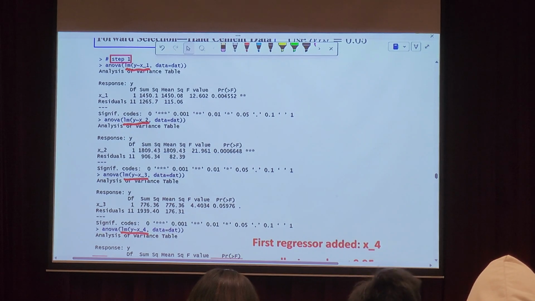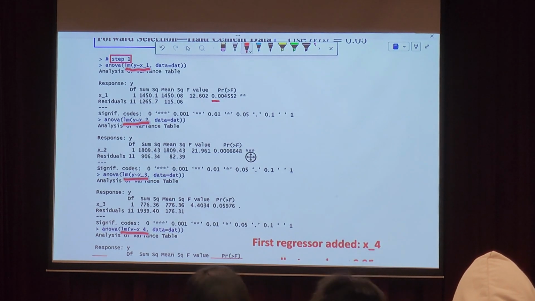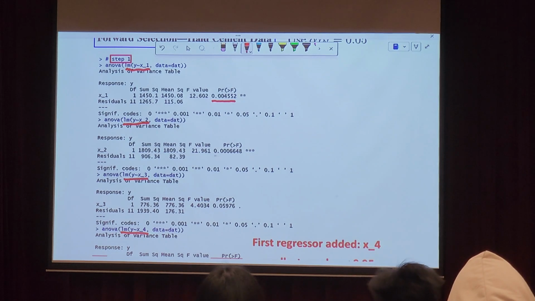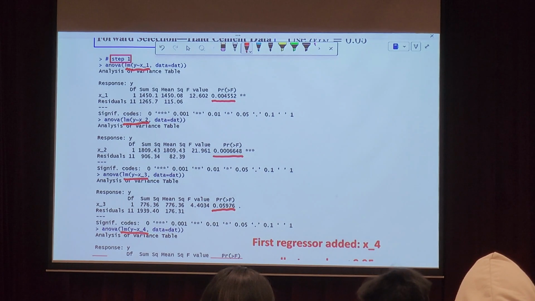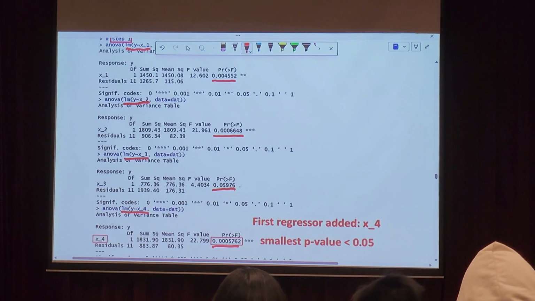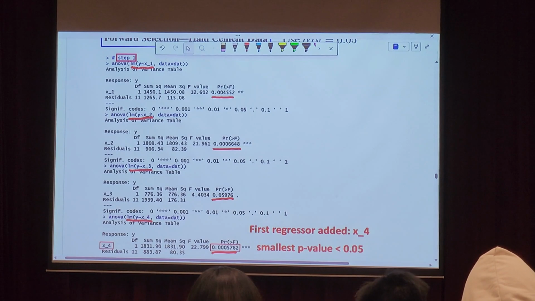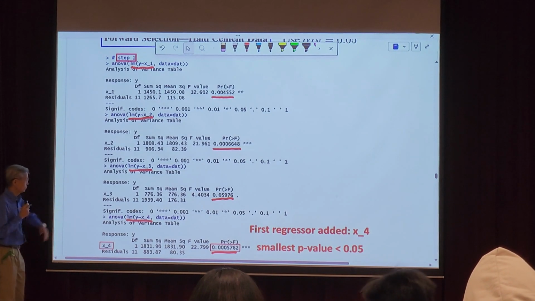And then I look at the p-value for testing the associated regression coefficient. So here's a p-value. 1, 2, 3, 4. So there are 4 models and 4 p-values.